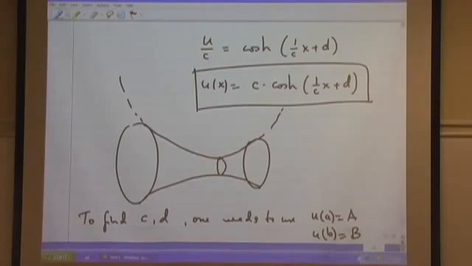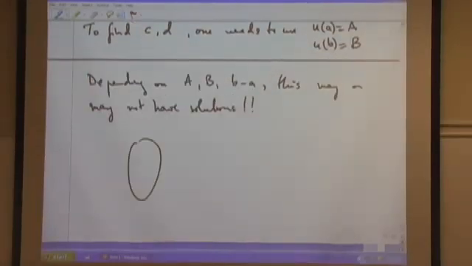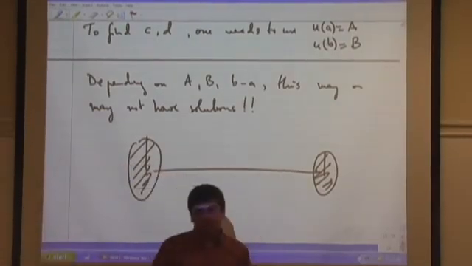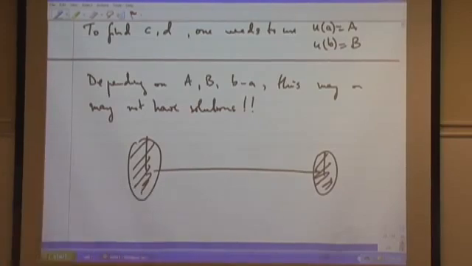If they're far apart enough, the minimum area is going to be achieved by just the surface of this circle plus the surface of this circle. Okay, and that has to do with this. I'll tell you after the break.